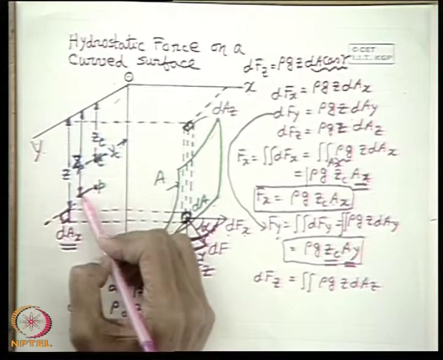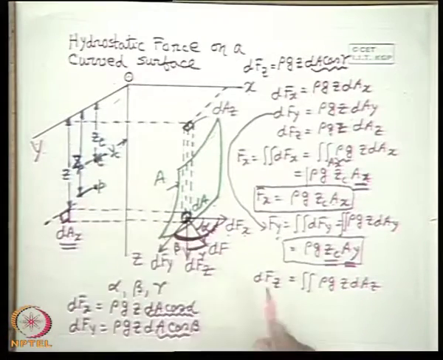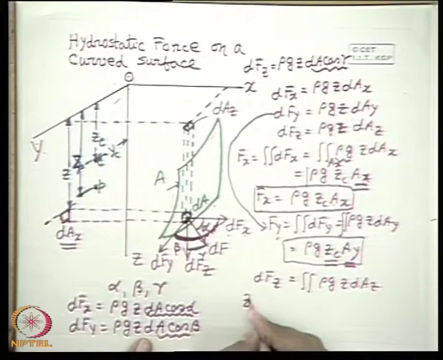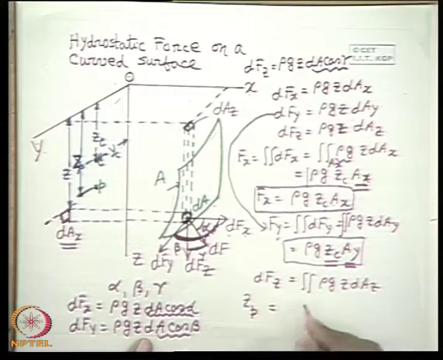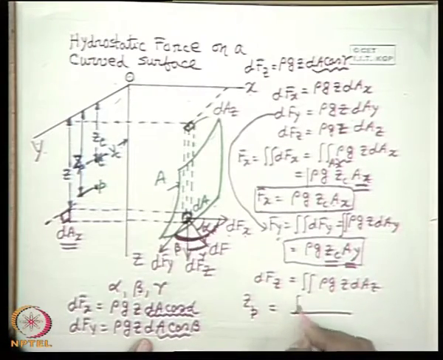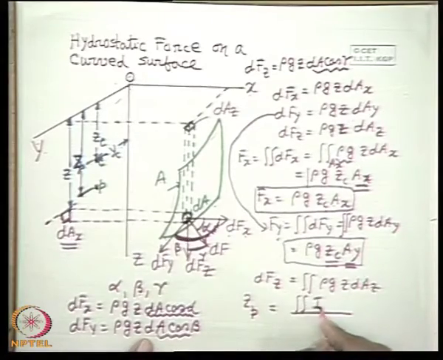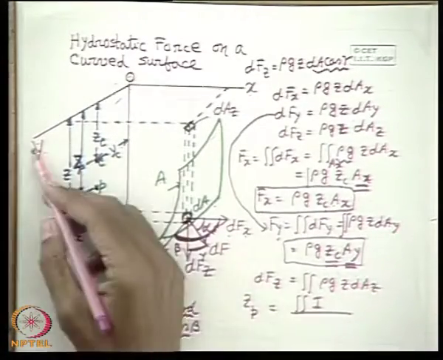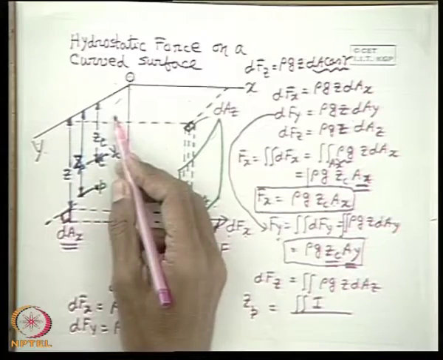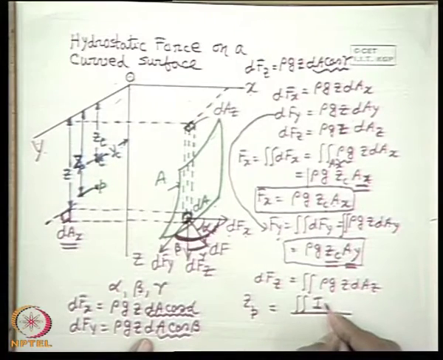So if we find that P is the center of pressure, with a vertical coordinate Zp, then we know from our earlier discussion that Zp in this case is given by this integral. We can write I about the y axis, divided by Ax into Zc.